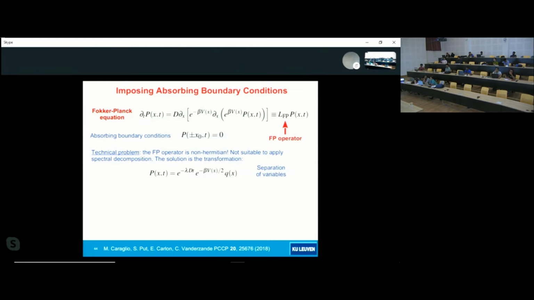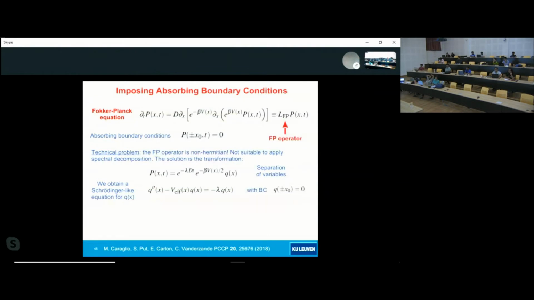Instead of working with P of x, first of all, we separate the variables. We have an exponential decay contribution in time, with lambda, and then instead of working with just a function of x, we use this decomposition: exp of minus beta V of x divided by 2 times Q of x. All right? So our function is now Q of x, and for Q of x we obtain a Schrodinger equation.